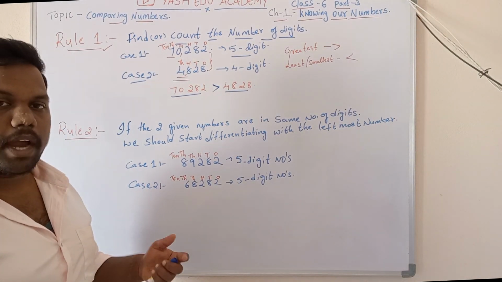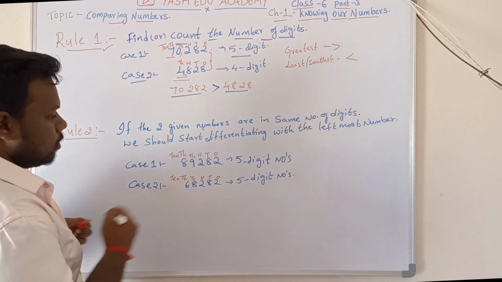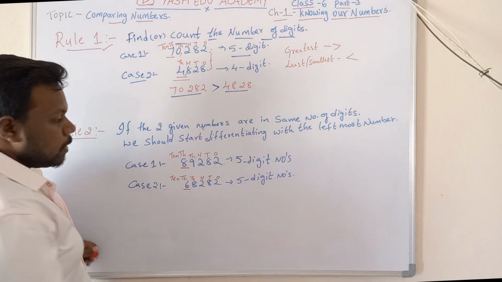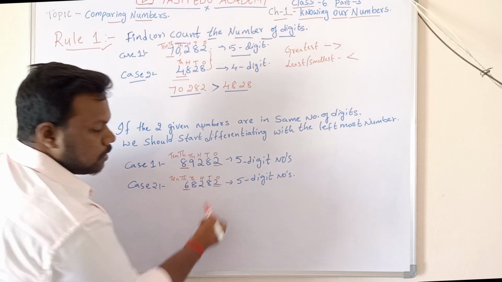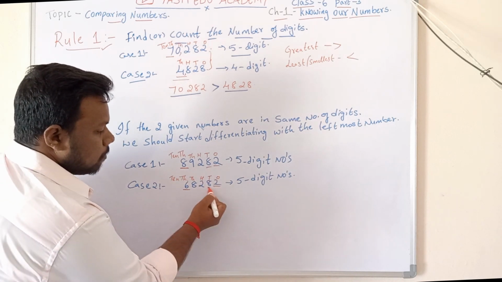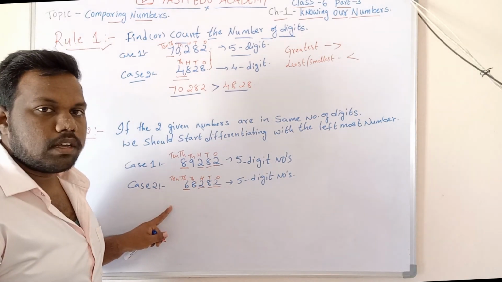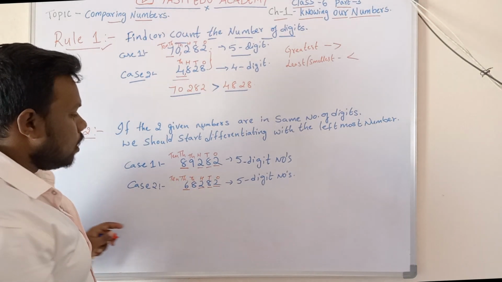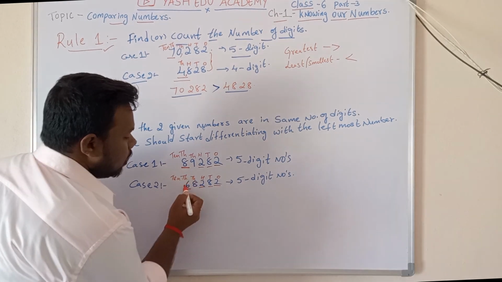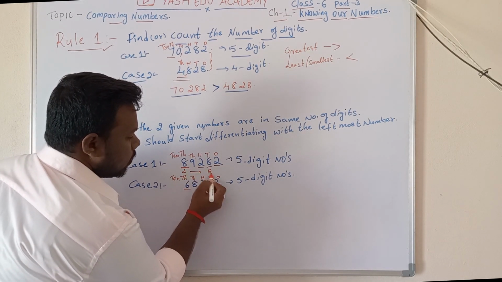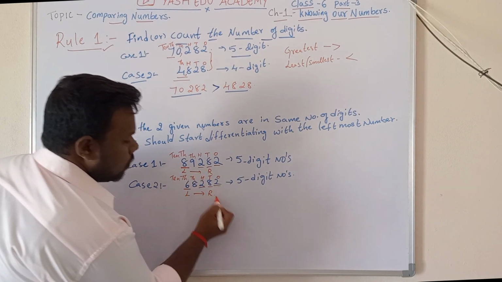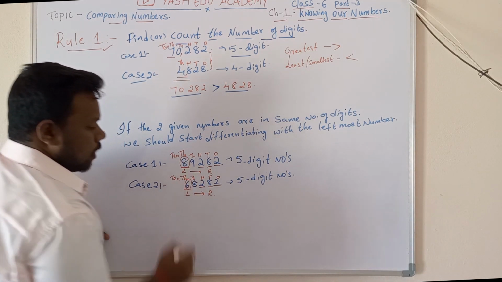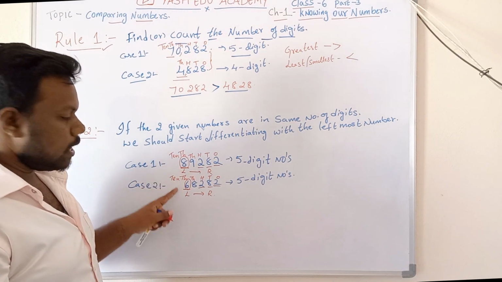In this case we should compare starting with the leftmost digit. If we come from the right side, we have the same digits, so we cannot find the difference between them when going from right to left. We should start differentiating from left to right in both cases. Here on the left side we have the digits 8 and 6.